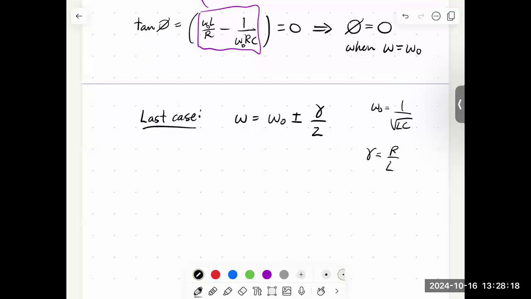It should be equal to R over L. Okay, and so we are considering this case when omega naught is much bigger than gamma. So with that, one way to think of that is we make the resistance small. So we have not so much dissipation in our circuit. And that's called the underdamped case, where you get lots of oscillations. They take a long time to decay. So this is the underdamped case.